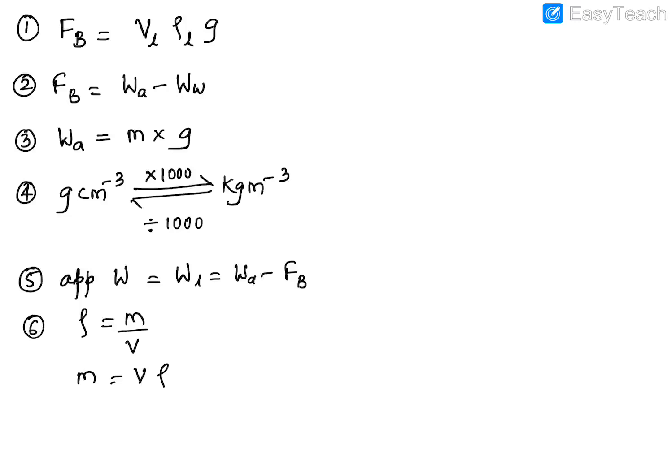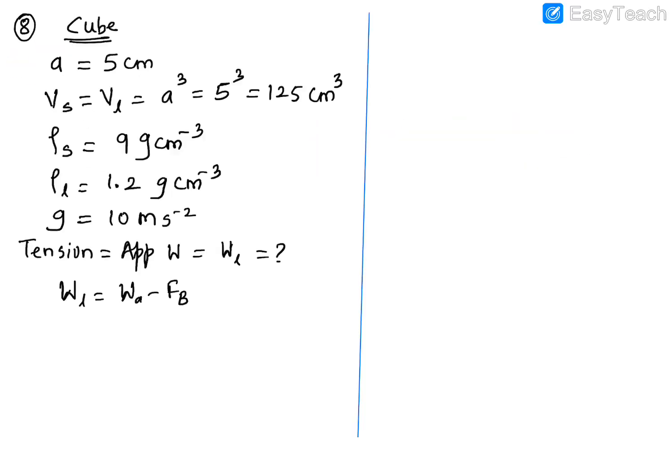I will replace this mass equal to V into rho here. So this formula you can also simplify to V rho G again, but volume of solid, density of solid and into gravity, that's the difference. So weight in air is Vs rho S G, but FB is VL rho L G. Okay, now let's start the problem.